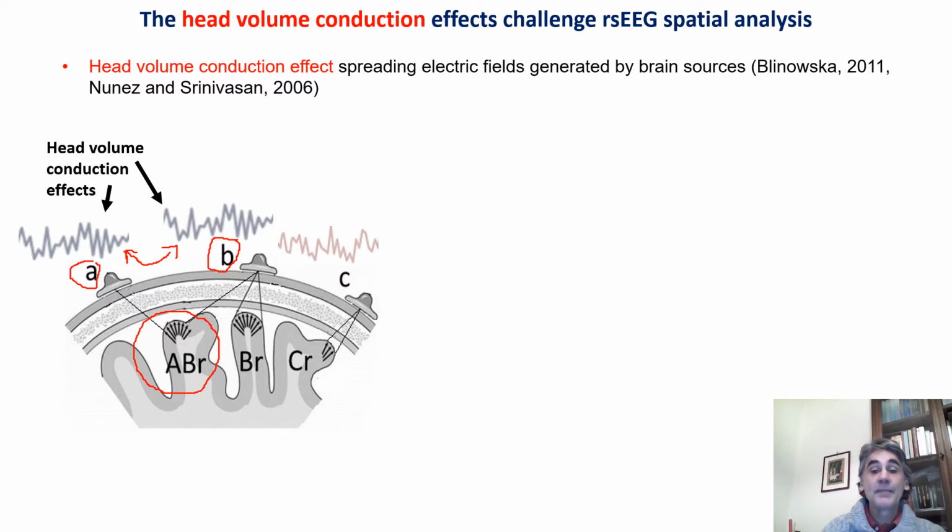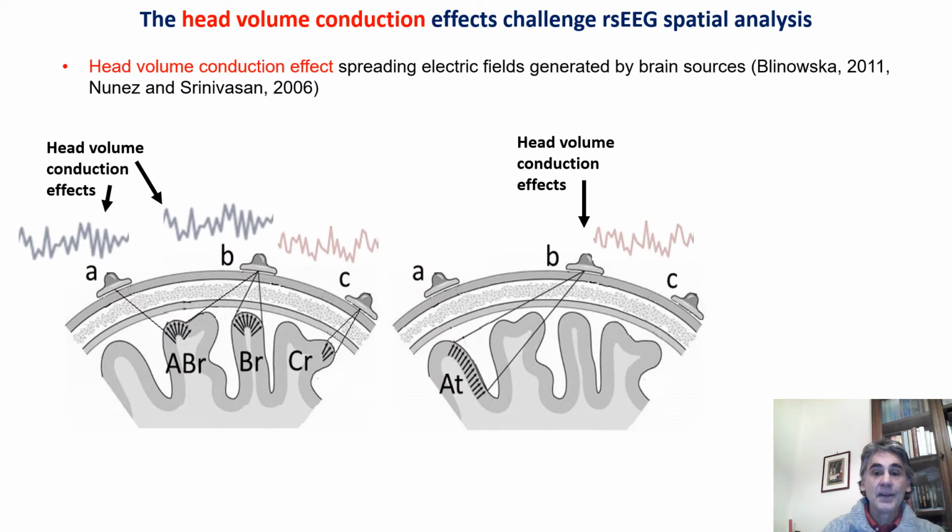So one may draw erroneous conclusions about the connectivity and the interdependence of this EEG activity. Another typical case is illustrated on the right side of the picture.